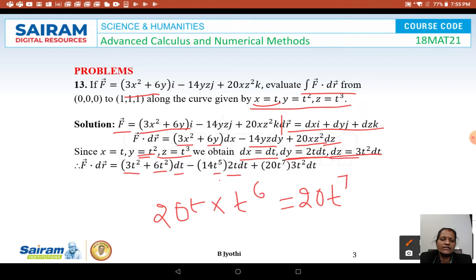We know that dz is equal to 3t squared dt. So when we multiply by 3t squared dt, that will give us 60 t to the power of 9. Let us see the simplification in the next slide.